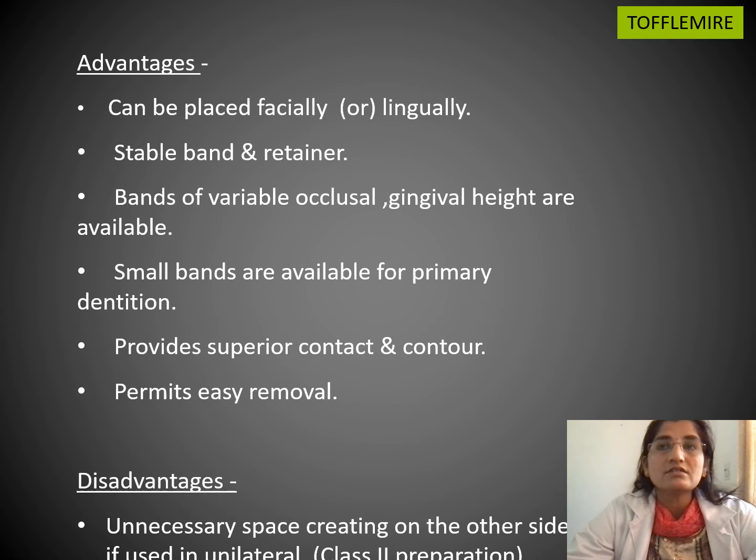So if only a single proximal box is carious, and you are using this universal matrix system, then space will be created on the other side. So this is the disadvantage of the Tofflemire retainer.